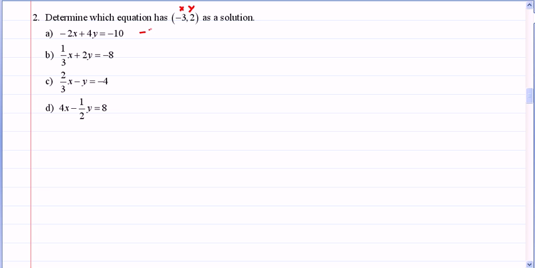So I have negative 2 times negative 3 plus 4 times 2 equals negative 10. Negative 2 times negative 3 is 6. 4 times 2 is 8. 6 and 8 is 14, not negative 10. So choice A is out.